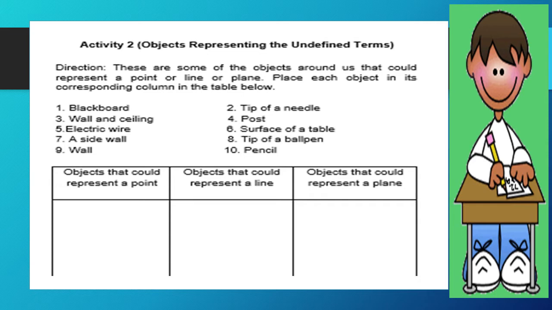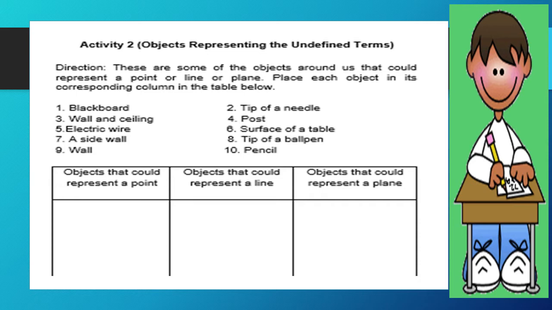Second, tip of a needle. Third, wall and ceiling. Fourth, post. Fifth, electric wire. Sixth, surface of a table. Seventh, a side wall. Eighth, tip of a ball pen. Ninth, wall. Tenth, pencil. There are three columns below.